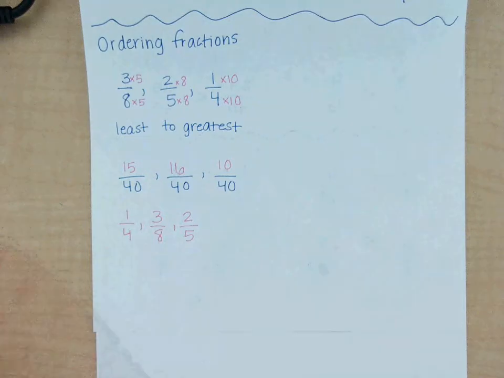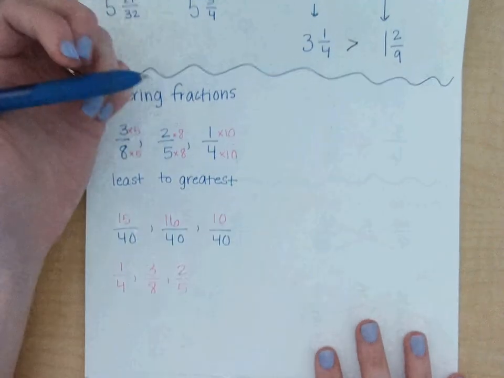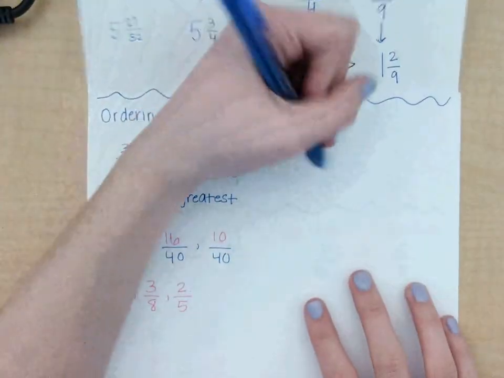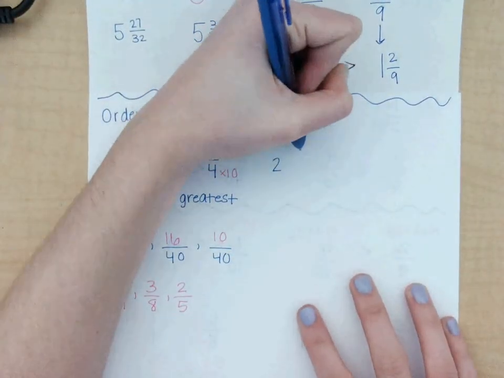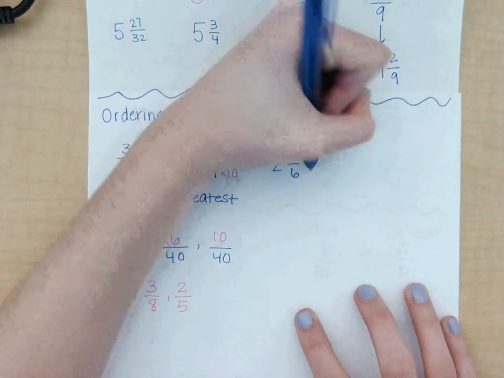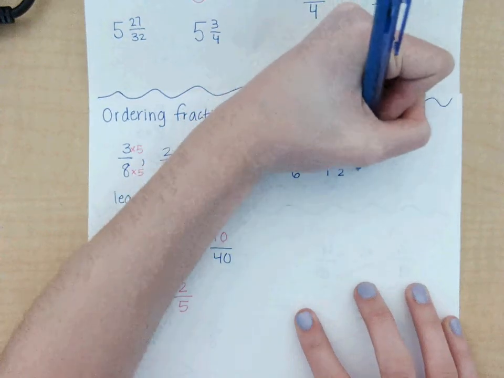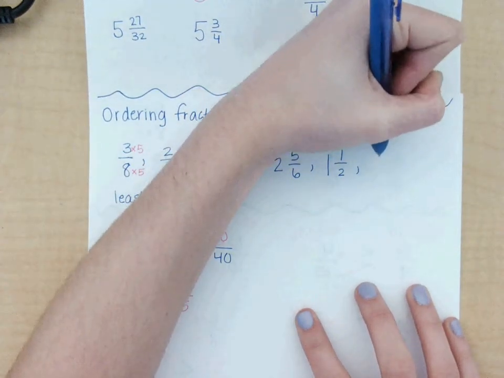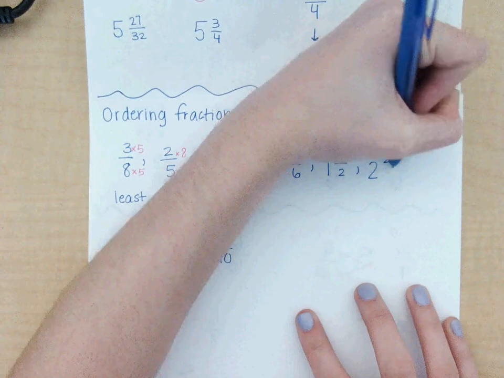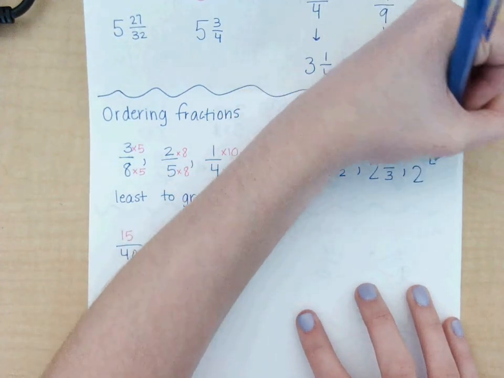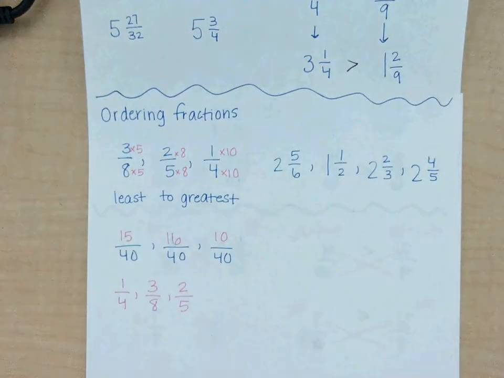Alright, let me give you one to do on your own. I'm going to give you some mixed numbers. So I'm giving these to you with mixed numbers. What should you do?